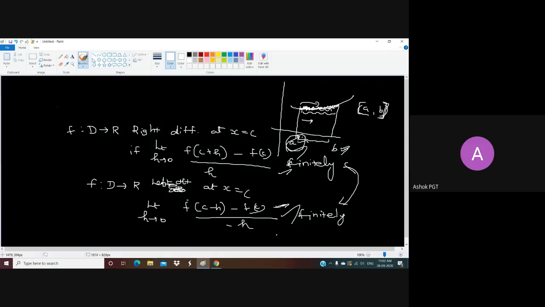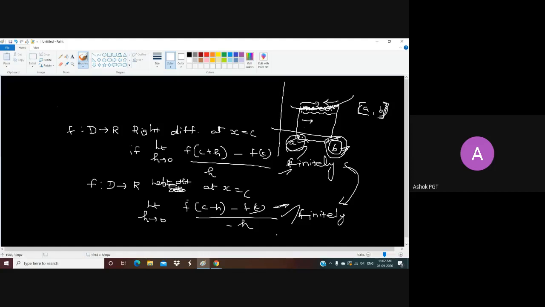Students, do you understand this? Yes, sir. So that is what they say, that it must be right differentiable and the value must exist finitely. And then at the point b, the curve lies on the left hand side. Hence, f is left differentiable at x is equal to b.